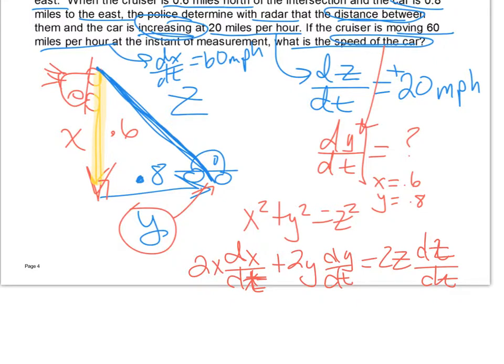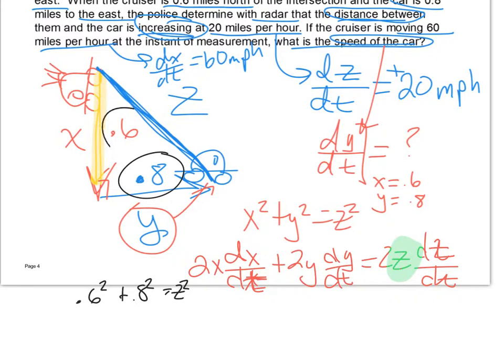However, we have one missing piece of information, and that's z. How do we find it? a squared plus b squared equals c squared. We already know that at this moment in time we can substitute into our problem and get 0.6 squared plus 0.8 squared equals z squared.